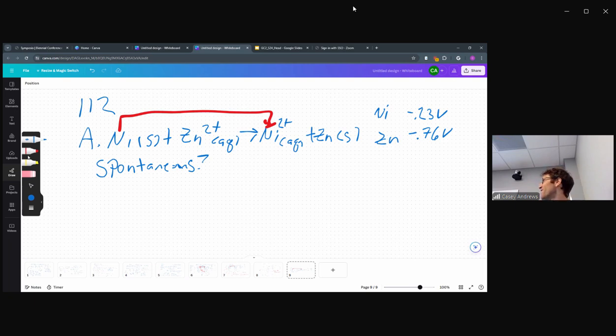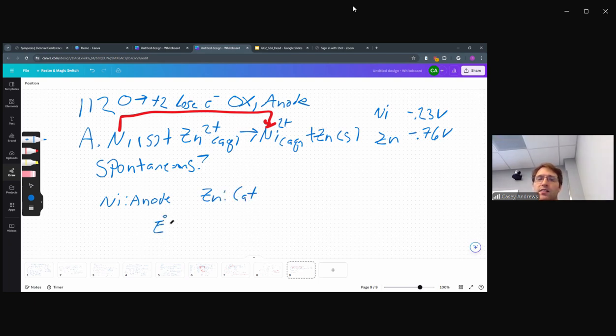If I go from 0 to +2, you lose electrons because you're becoming more positive. And OIL RIG says oxidation is loss. If you are oxidized, you are the anode. Right? So we are connecting all those little pieces. That means nickel is your anode. Zinc is your cathode.